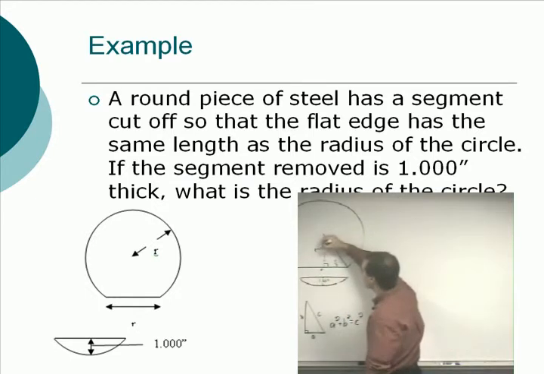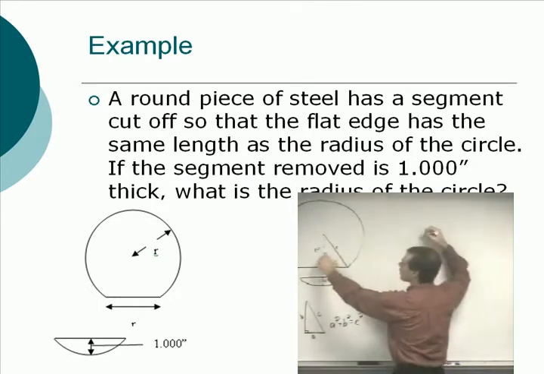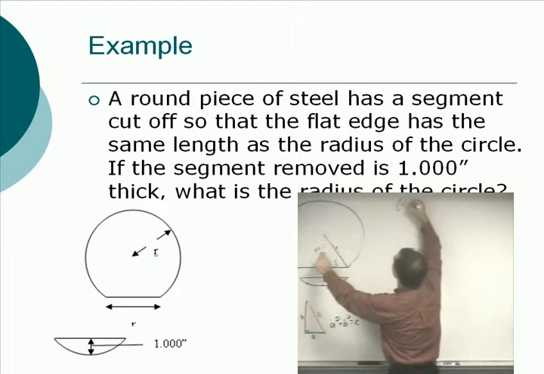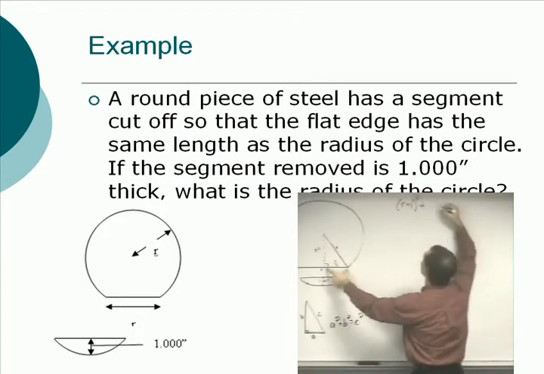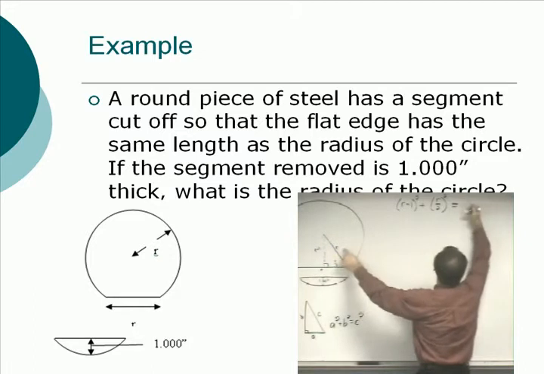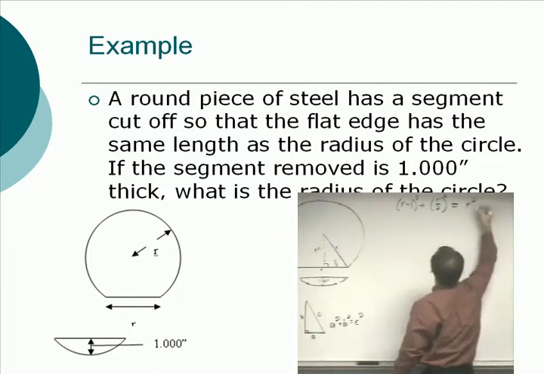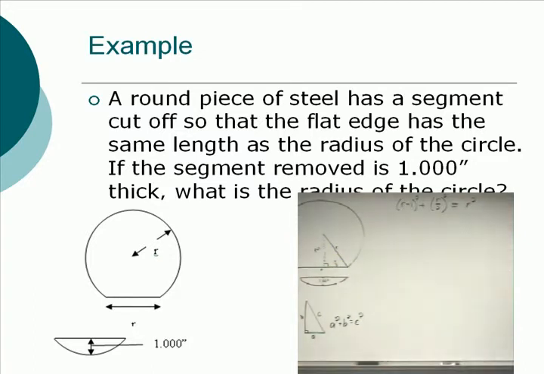So that side is r minus 1. Well, there's your quadratic formula. We know that this side squared, r minus 1 squared, plus this side squared, r over 2 squared, equals r squared. There's our quadratic equation. Well, now we can solve that.